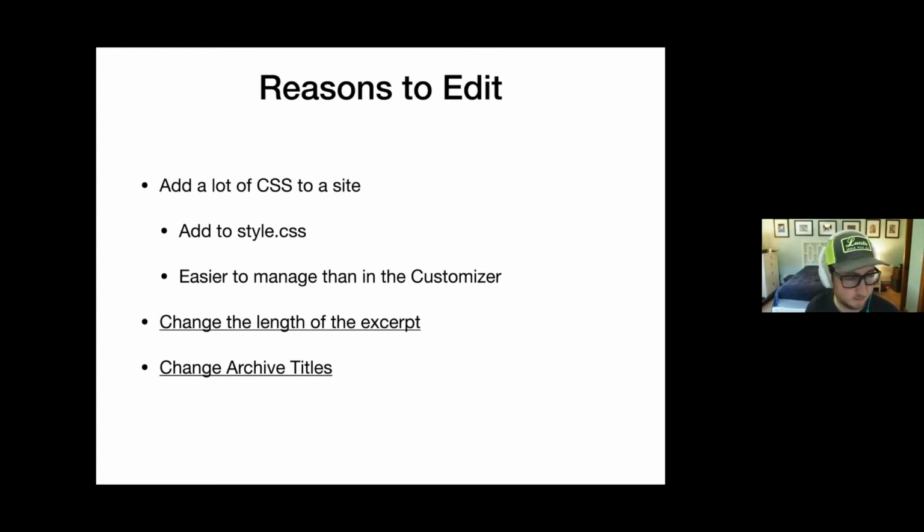Another example would be the archives title. By default, if you go to a category page, it says "Category:" and then foobar or whatever. If you want to remove "Category:", there's a little snippet for that. We do have a link to that in here. Once we send these slides out to everyone, you'll be able to click on those and see the full articles.